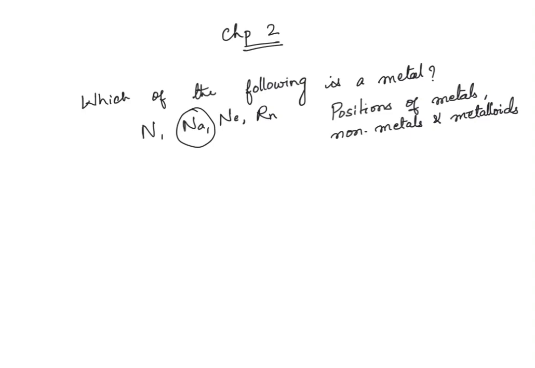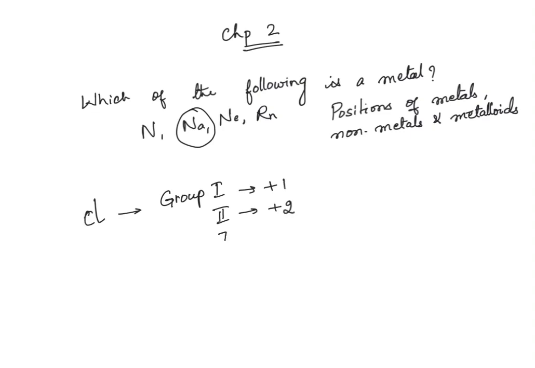Another simple question could be, you might be given an element, say for example chlorine, and you might be asked what is the most possible charge on chlorine. And if you remember, we talked about this in one of the videos. Group 1 forms positive 1 charge, group 2 forms positive 2 charge, right?